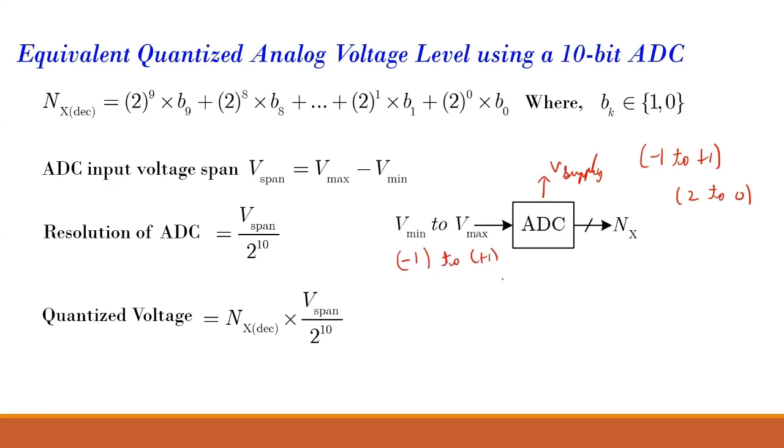So the span of my ADC is 2 volt. Also, the ADC used in the board is a 10-bit ADC. It is actually a pipeline ADC with some six cycle delay, etc.